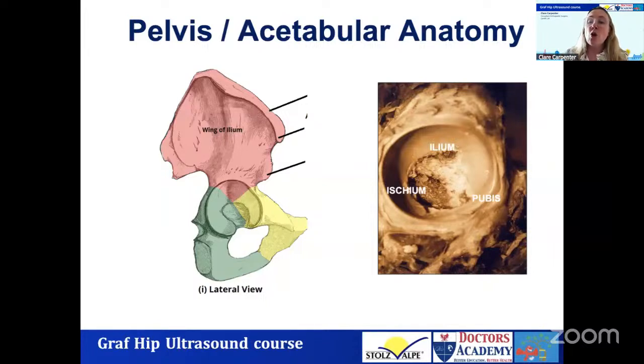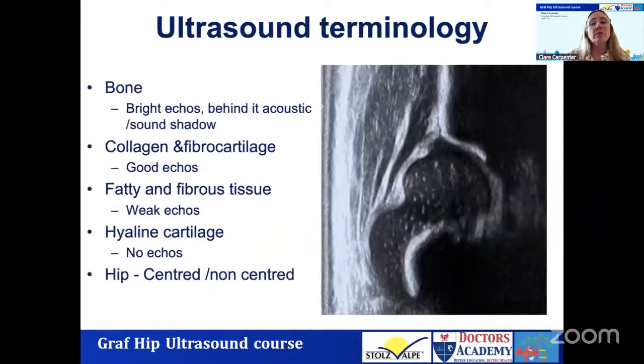When you are scanning through your hip, it is good to know where you are, because Sandeep will explain to you the standard plane a little bit later on. And so when we talk about ultrasound terminology, if there are any radiologists or sonographers online, I'm sure they are more adept at this than we are.